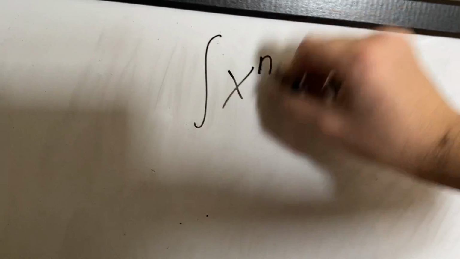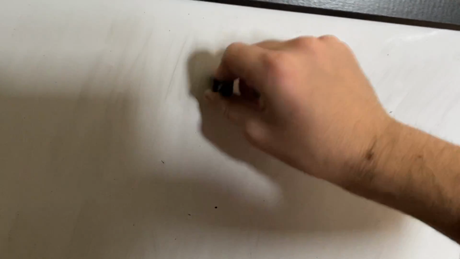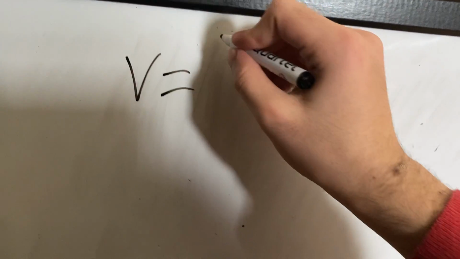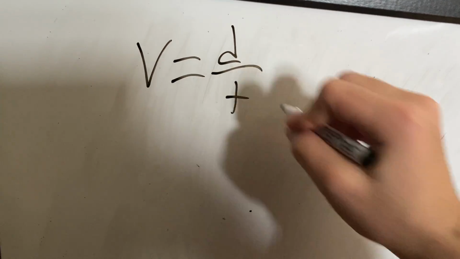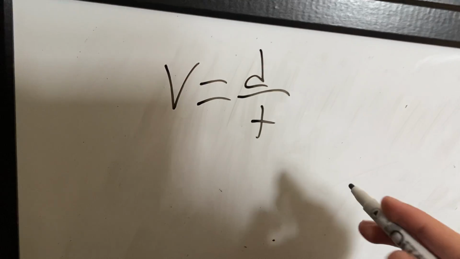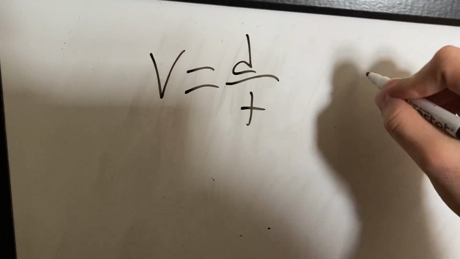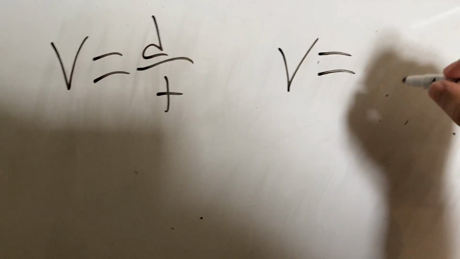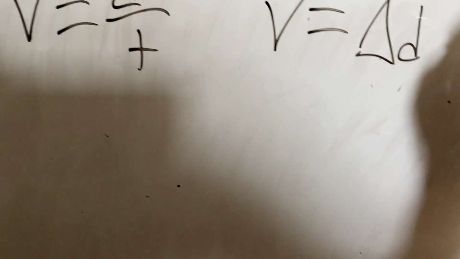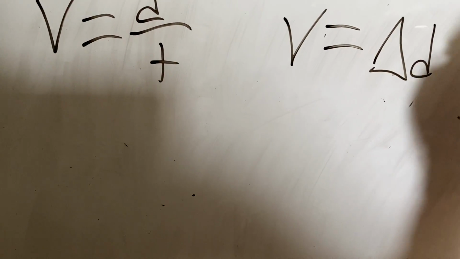And one of the things that we learn is that velocity is equal to displacement over time, right? So what we're really saying is that velocity is equal to the change in displacement with respect to time.